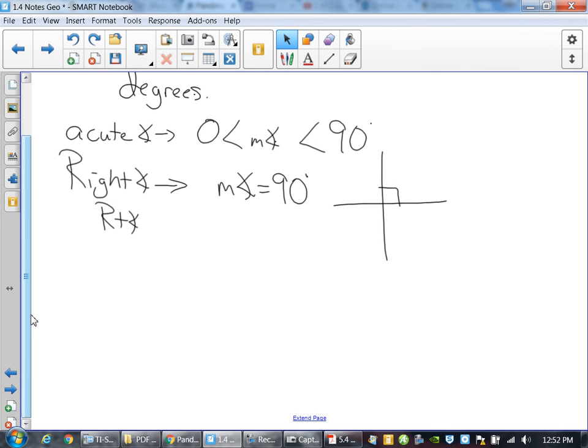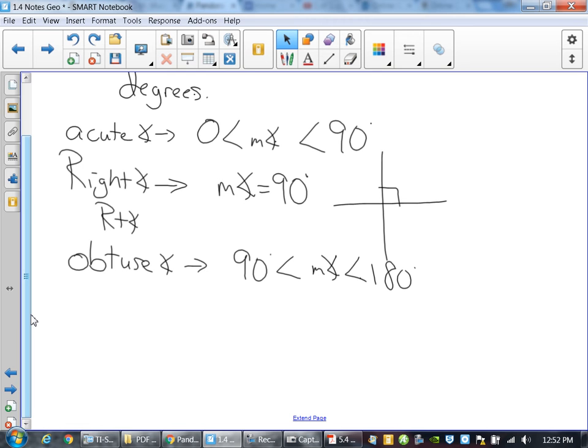What's next? Obtuse. Obtuse measures what? Less than what? Good. So it's greater than 90, but less than 180. What's the last one?